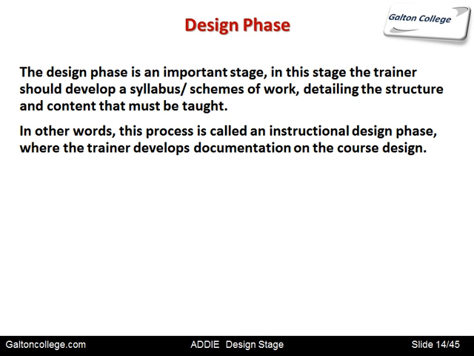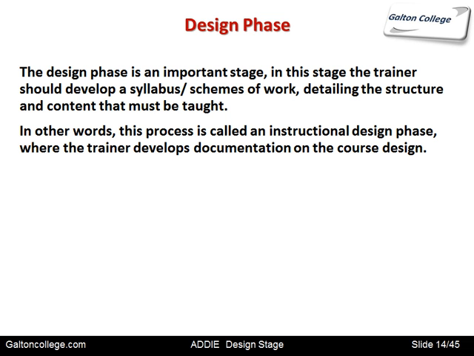So the process is called an instructional design phase, where the trainer develops documentation on the course design. So the trainer should document what is to be taught, what are the objectives, and how what will be taught, I should say, will target the requirements, the objectives.